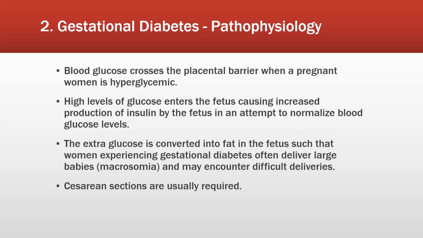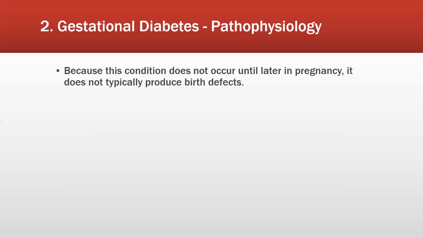Generally, cesarean sections are required in order to successfully deliver that newborn. Because this doesn't occur until late second and early third trimester, generally we don't see any kind of birth defects other than just having a very large baby.